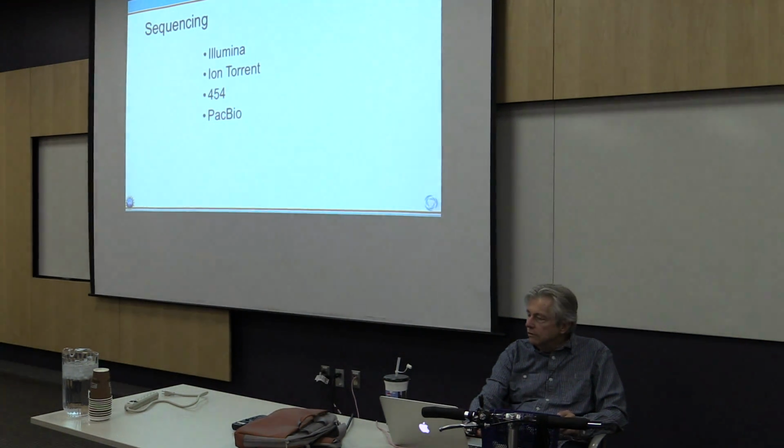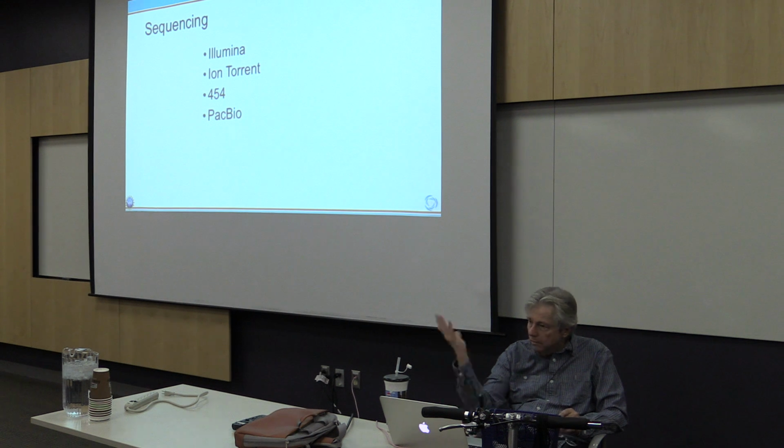You may be using different sequencing systems. Illumina, Ion Torrent, 454, PacBio, these are all ones that may be used. Most of you will probably be using the Illumina system because it's cheap, high throughput, very available, pretty reliable. But some of the other systems have value too.